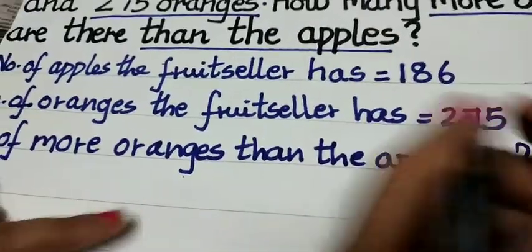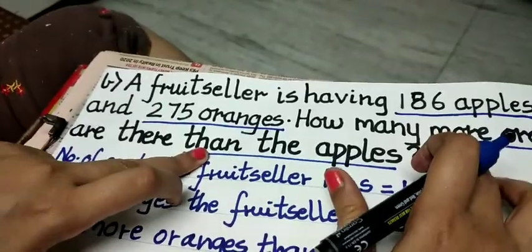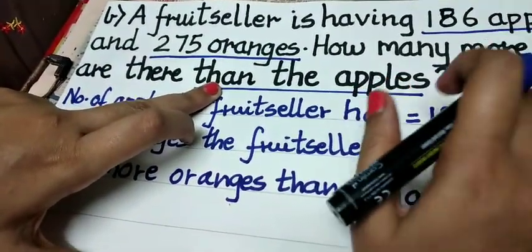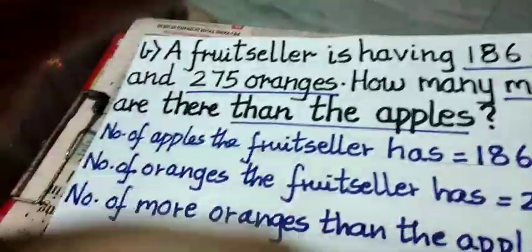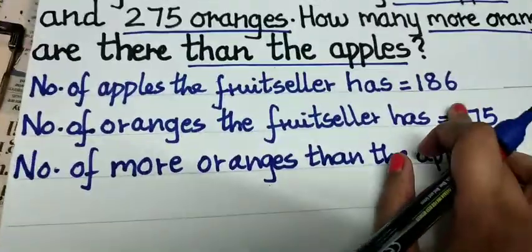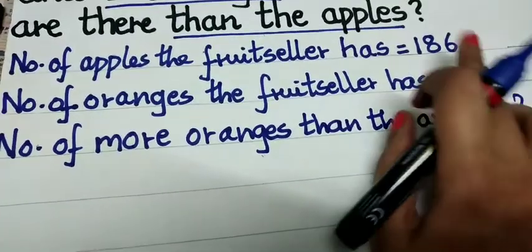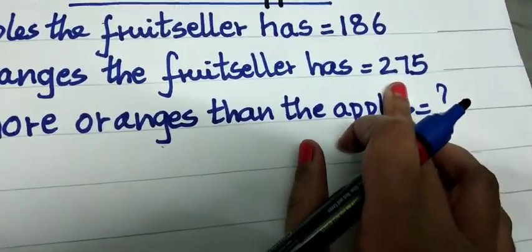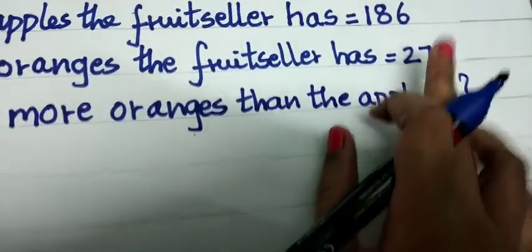Now, when you have more than, or left, how many left, that means you have to do a subtraction sum. How do you subtract, boys? For subtraction, always the bigger number comes first and then the smaller number. Always remember, for a subtraction sum, the bigger number comes first and then the smaller number.